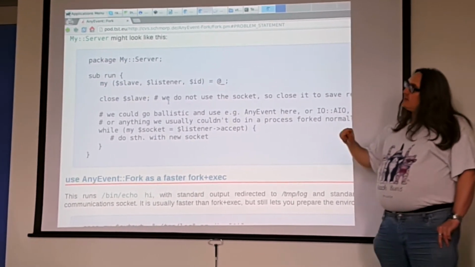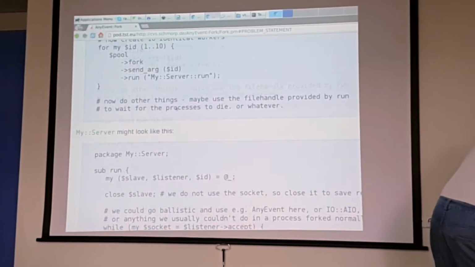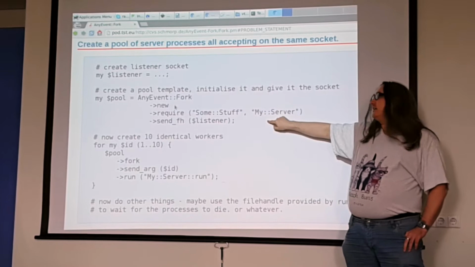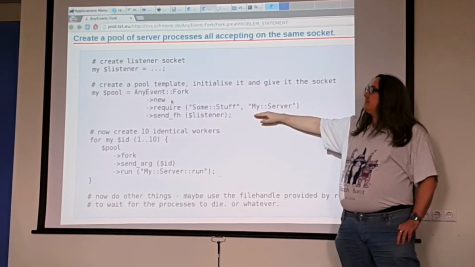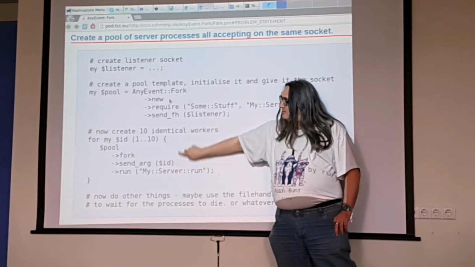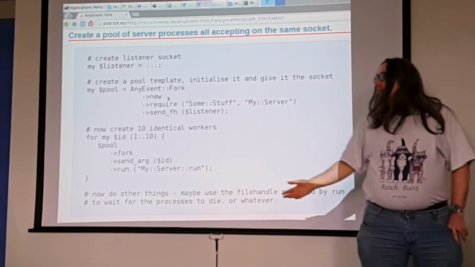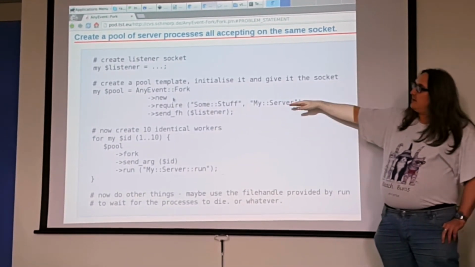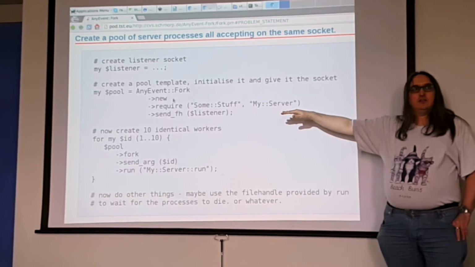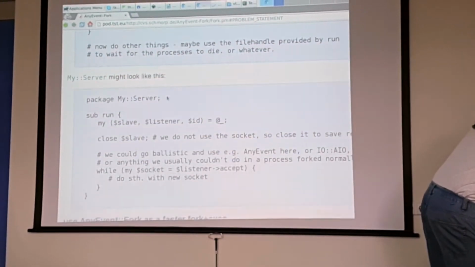And the thing is that if you look at the starting program, what it does here is send something to the child. Here it sends the listener socket to the child process, and here it sends something else, namely the ID, just some sequence number really for the socket. And everything that you send to the object will eventually be passed to the worker function.